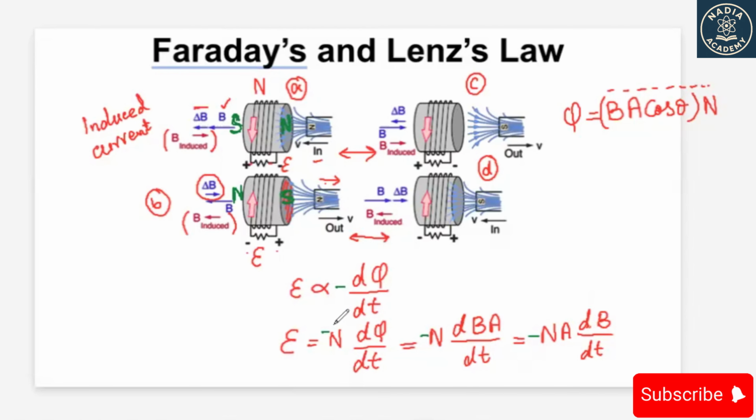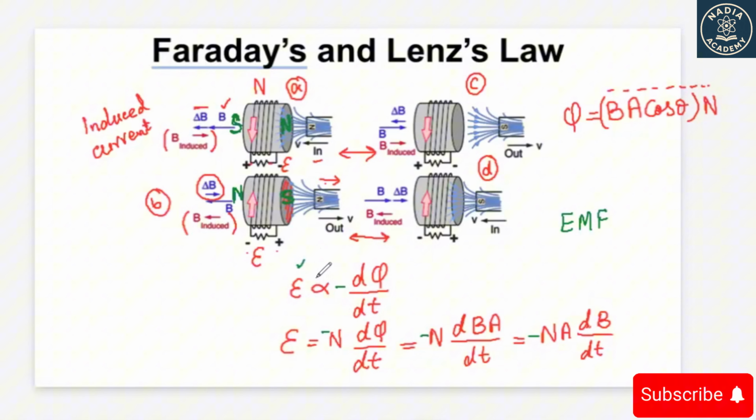Lenz's law explains that the direction of any current resulting from an induced EMF, EMF is electromotive force that we have here as epsilon, is such as to oppose the change in flux linkage that is causing the current.